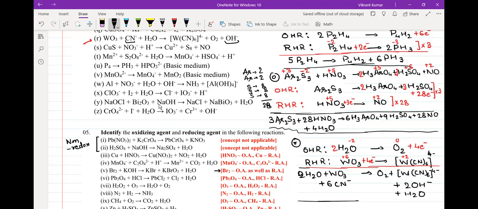So this is the one case in which we are getting अच्छा H2O को बैलेंस कर लोगे, वो H2O कैंसिल आउट हो जाएगा ना एक। So after writing this, एक H2O को कैंसिल आउट कर लोगे, ठीक है, and that will give you H2O plus WO3 plus 6Cn minus, giving O2 plus 2OH minus plus WCN6 4 minus.